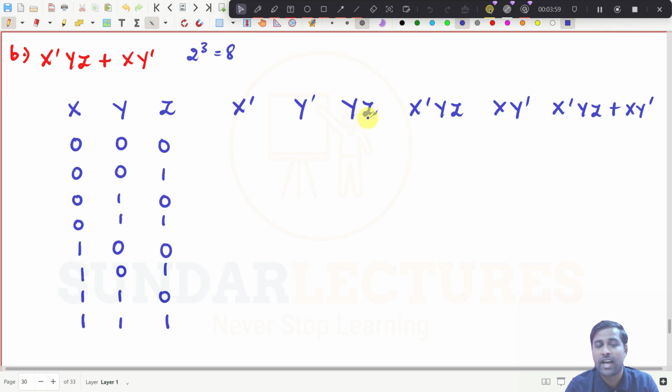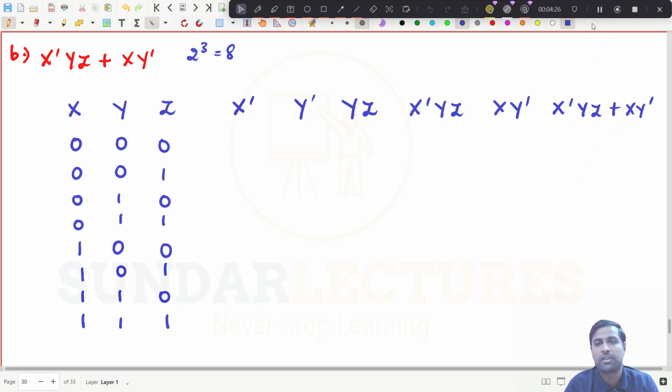So yz, and if you do so, you will get these two values now, and you can put an AND operator so that you will get this one, and you need this one separately, right? So already you have x here, and already you have y dash here. So x and then y dash you can multiply, you put here. So now if you add these two expressions, that means you put an OR operator to get the values, right?